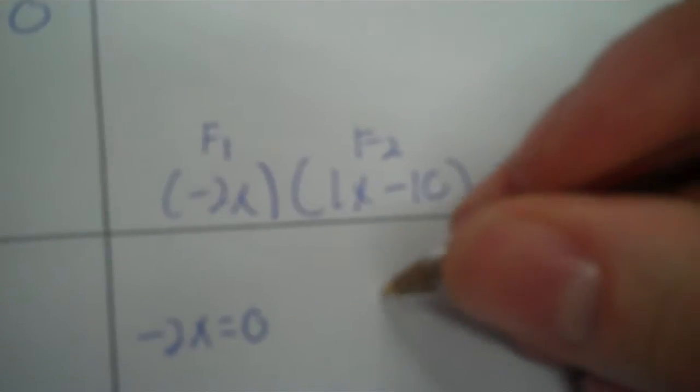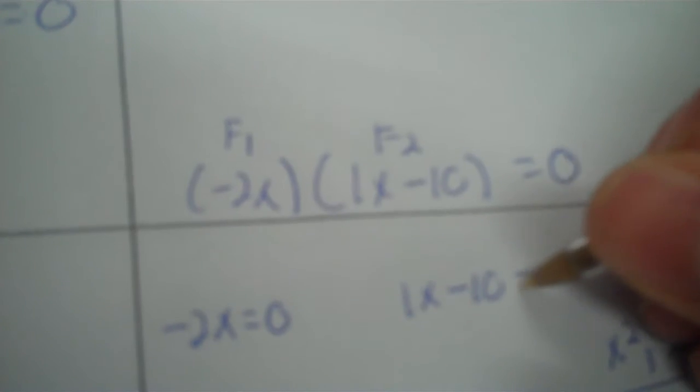So now, you have negative 2x, and then 1x minus 10 equals 0. So F1, F2. The negative 2x could equal 0, or the 1x minus 10 could equal 0. You got times, so you're going to divide both these by negative 2. 0 divided by anything, it doesn't matter if it's a positive or a negative, is 0.